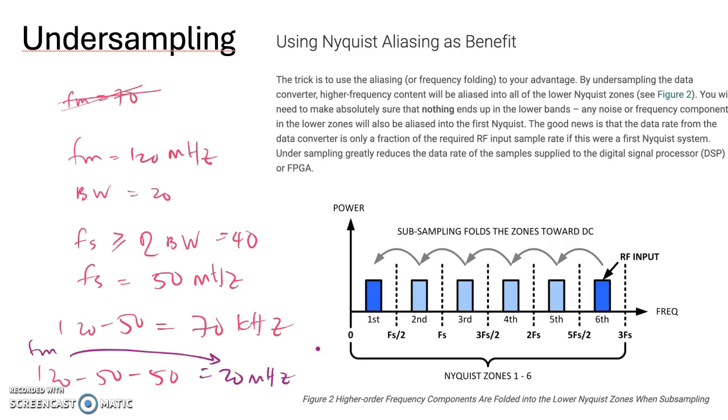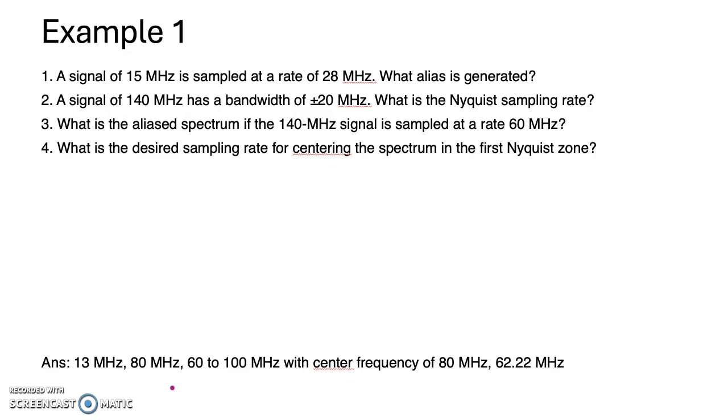So if you have a very big frequency FM, but the bandwidth is small, you can still down convert it into the first Nyquist zone. You just subtract the sampling rate multiple times until it reaches the first Nyquist zone.